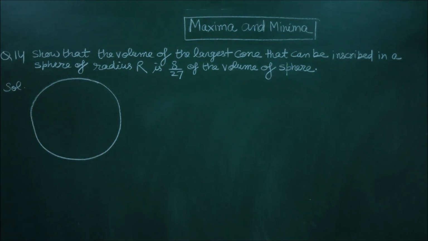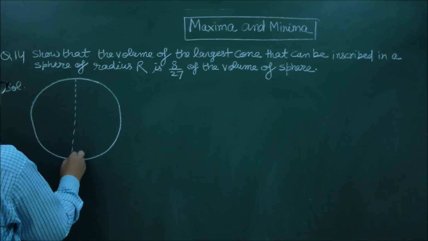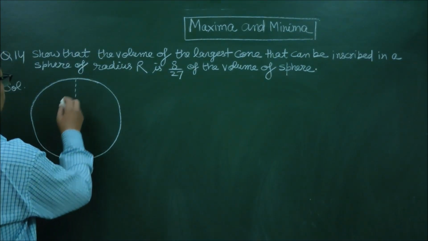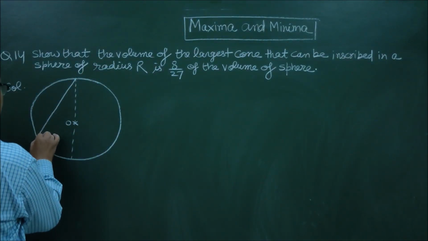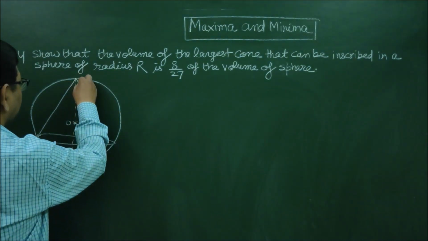And inside the sphere we have a cone and the volume of the cone is to be maximum. So the axis of the cone should be along the diameter and the vertex should be at the highest point, so that it gains the maximum height and the maximum volume.